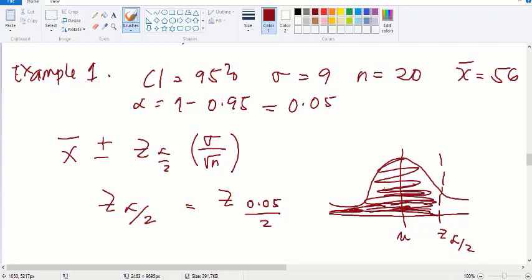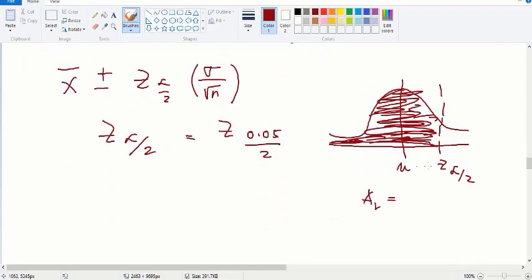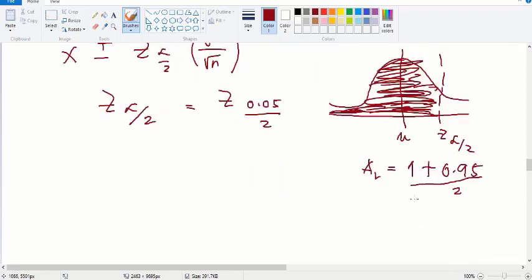We can actually get this by getting the area under the curve. And how are we going to get that? So, you can actually get the area to the left by adding 1 plus yung ating confidence level, which is 0.95, over 2. So, using your calculator, that would be 1 plus 0.95 divided by 2. So, itong area natin is 0.975.